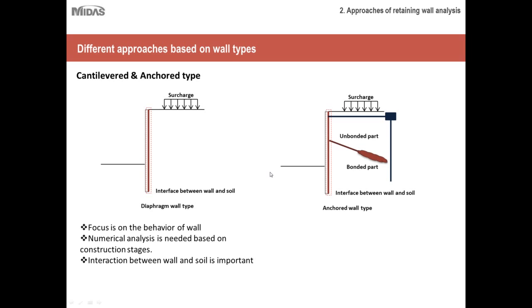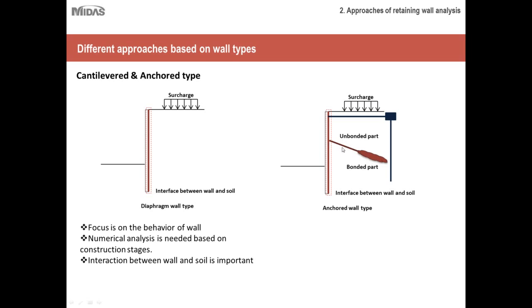Then when you're designing the anchor type of wall, it is largely the anchor bolts that are taking the bulk of the force and stabilizing the structure. As you can make out, if our cantilever wall is not sufficient, maybe section limitations are there, maybe size limitations or depth limitations are there, so when the wall alone is insufficient to sustain the loading, then we have to go with some kind of back end support, which is like a tie back or an anchor bolt like this.